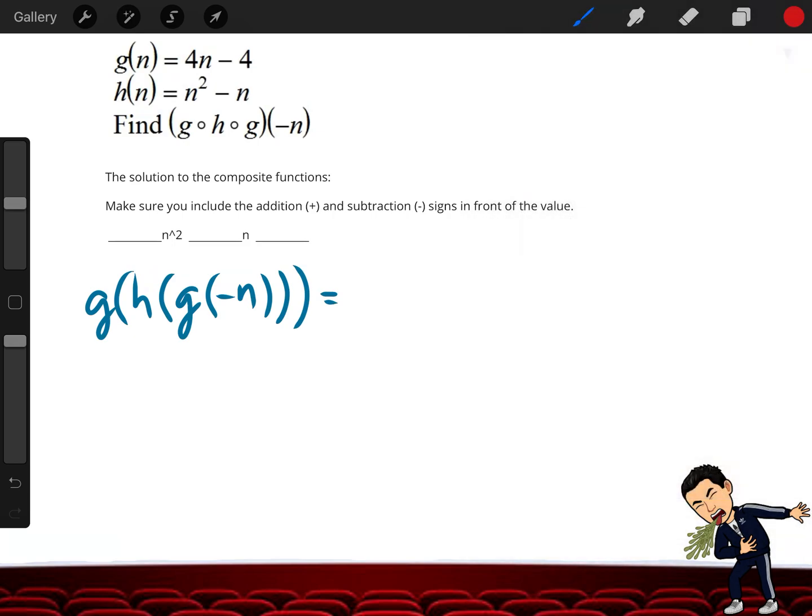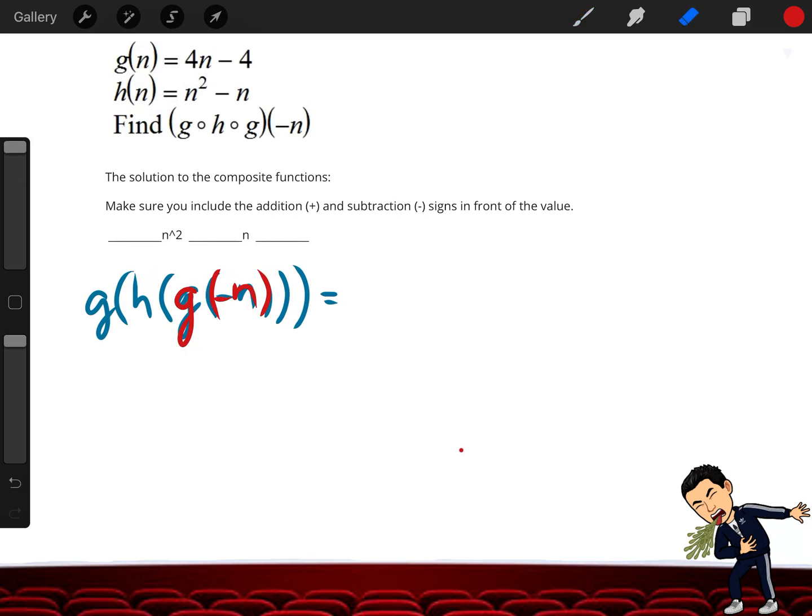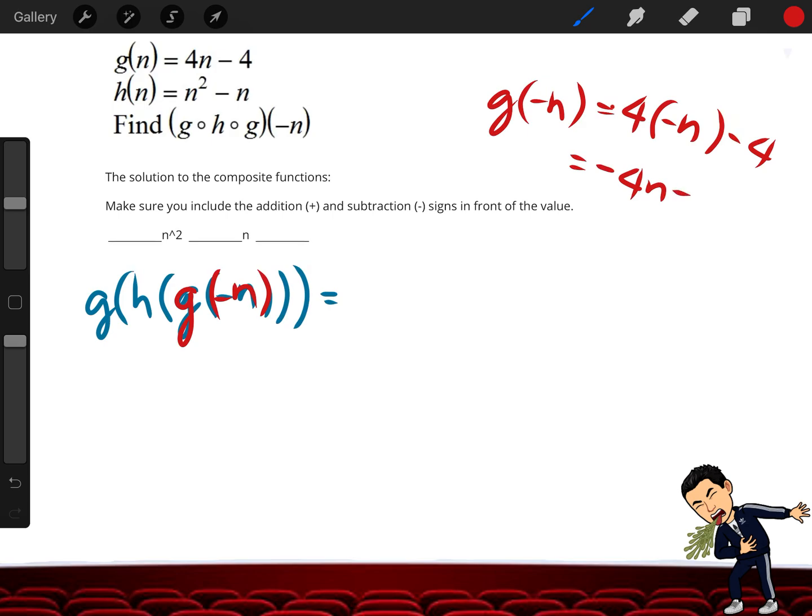Look at the g of -n first, which means that you have to plug -n into the 4n, because that's the function g of n. Okay, all right, so this is what I'm going to do. So g of -n is going to equal, let's just put that on the side, 4 times -n minus 4. So it's going to be -4n minus 4.